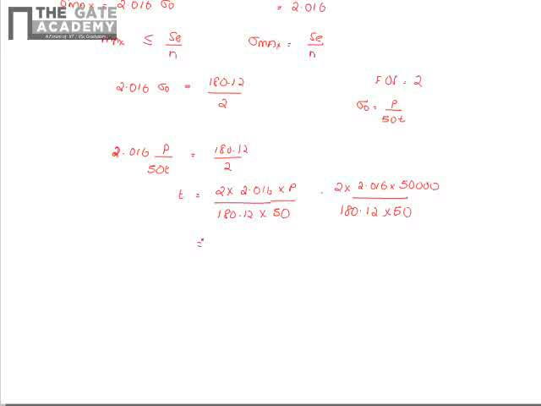That is nothing but 22.39 mm. Therefore, the minimum thickness should be 22.39 mm for infinite life design of the component, for the component to withstand infinite number of cycles.